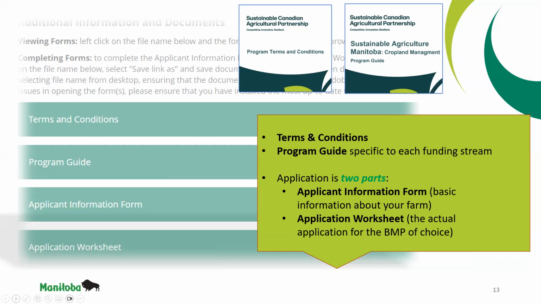So if you applied under SAM last year and you completed an applicant information form, you will not need to do so again. If you've never applied for any of the programming under SCAP, then you will need to complete that applicant information form. The application worksheet is your actual BMP application, and I'll go through each of these forms in detail.